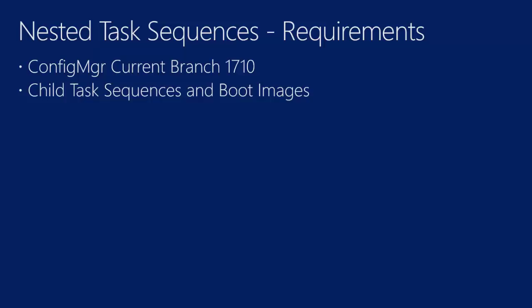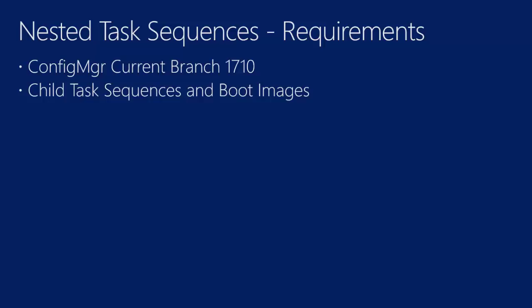You might think that you need a boot image applied to any task sequence. That's not true. Only the ones where you're doing imaging and you need to be able to boot and associate that task sequence, right? And know what media you've booted with and so on. But for the nested child task sequences, there's no expectation that you're going to boot and begin imaging directly with those, because it's just a part of the overall task sequence you want to deploy, right?